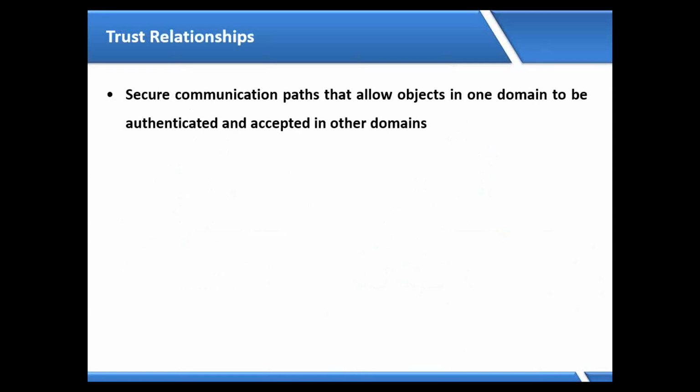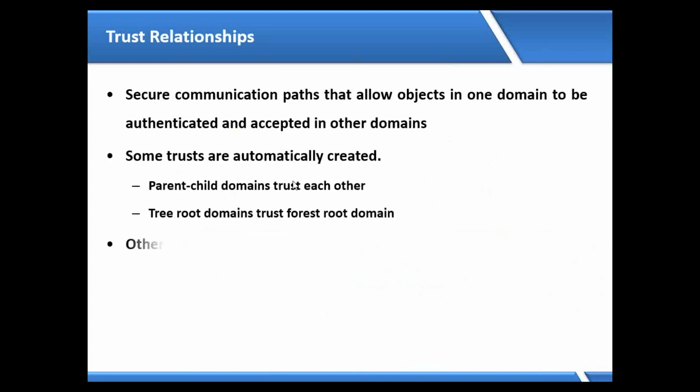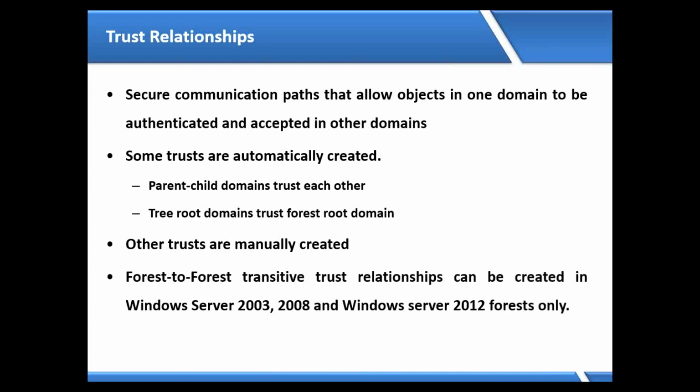At that time, we need trust between these two domains. There are so many different types of trust, I'll discuss. Some trusts are manually created, some trusts are automatically created. I'll be showing you practically a trust called forest to forest trust, which was introduced in 2003 Active Directory.